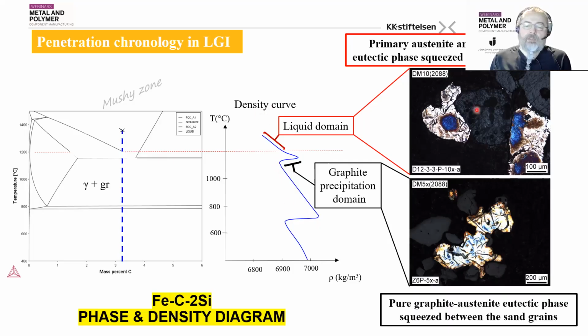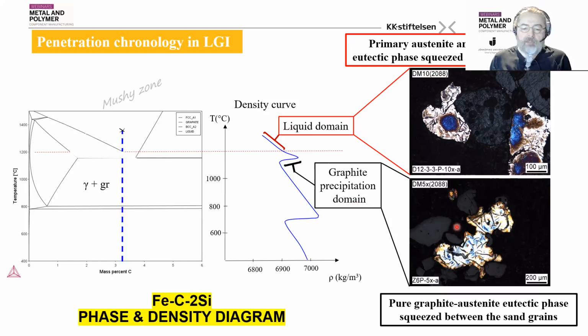Back to the observations, then we can see that normal composition penetrated during the liquid domain from the casting into between the sand grains, and forms a microstructure which includes all the types of phases, primary and eutectic.